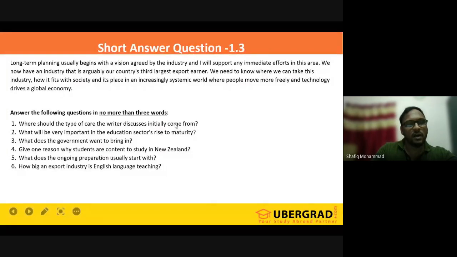Fifth is, what does the ongoing preparation usually start with? So obviously every preparation starts with a vision, isn't it? So vision is the answer. A vision, or vision. And how big an export industry is English language teaching?